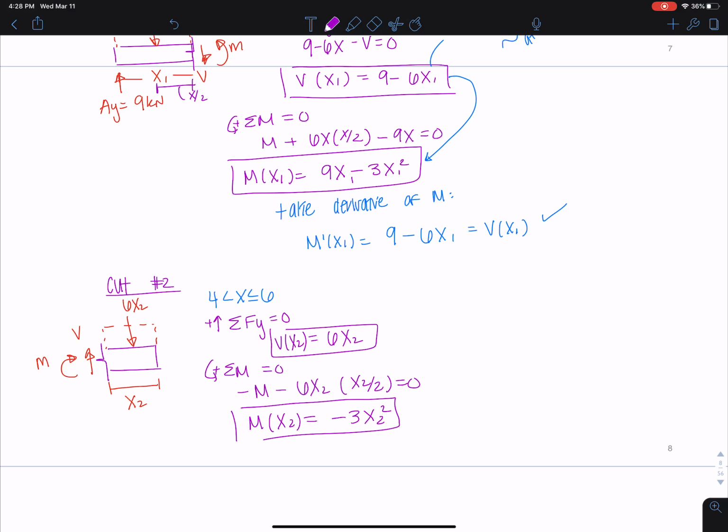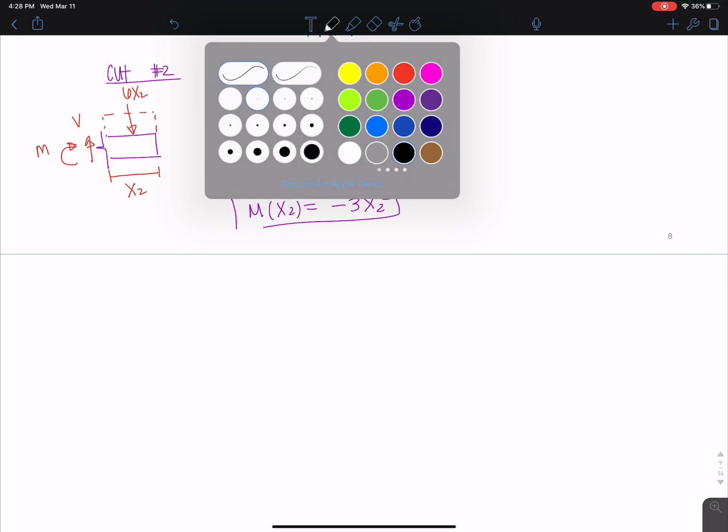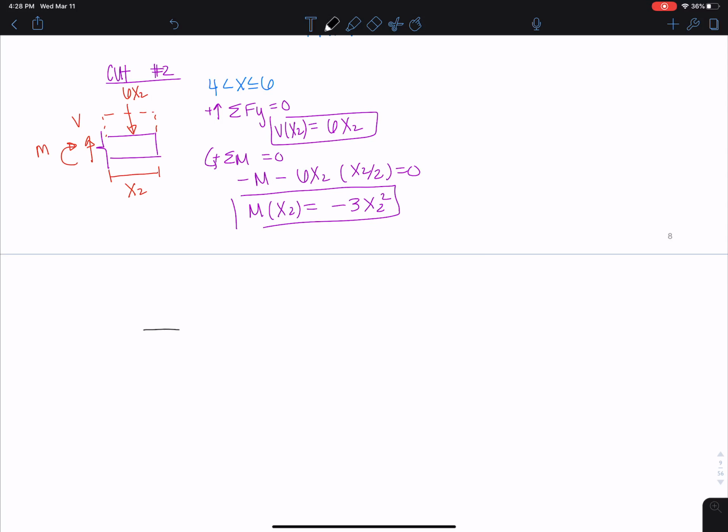Okay, so now we have our functions for moment, and we're ready to draw our shear moment diagrams, okay? So I'm going to redraw our beam right here, okay? And I'm going to put our load and our reactions.